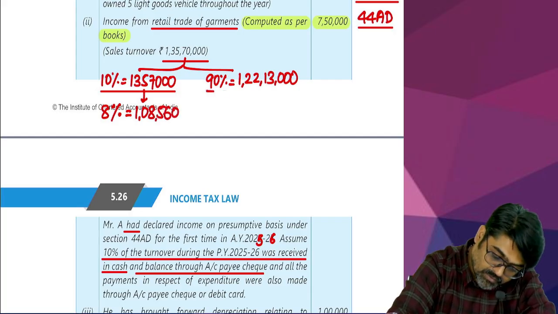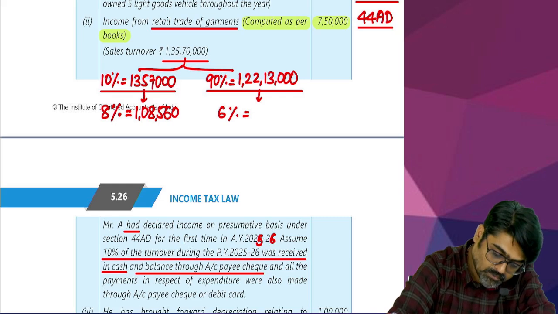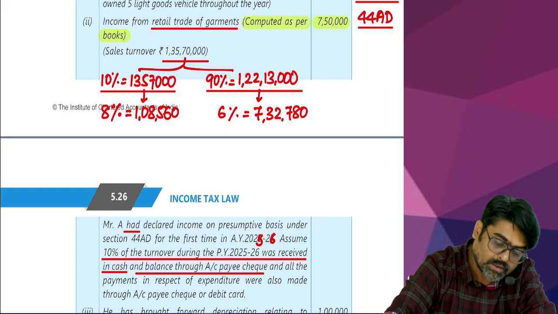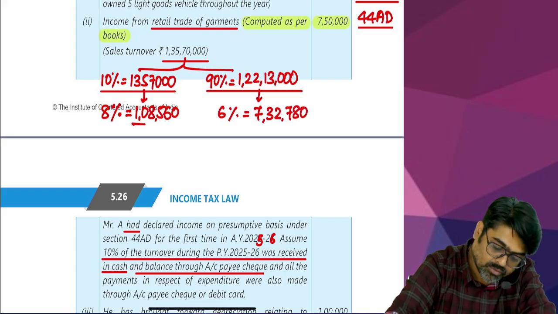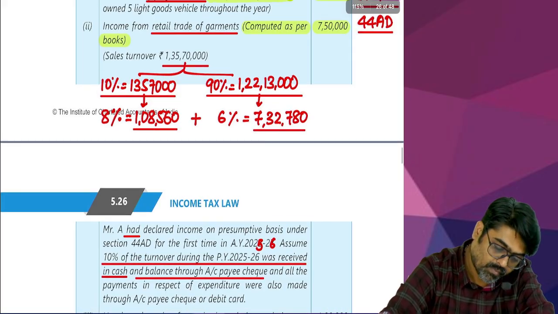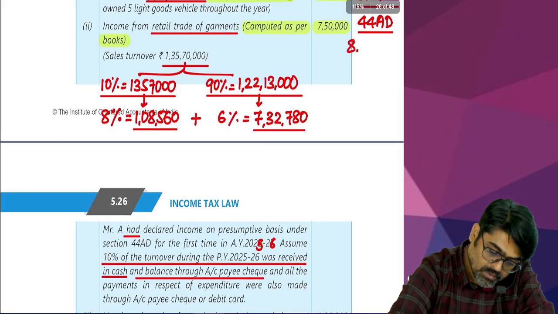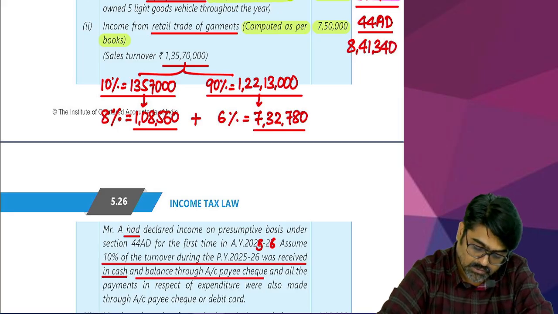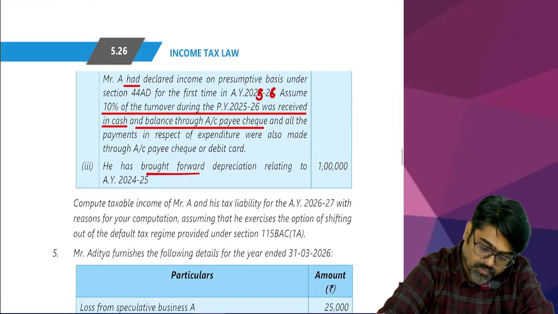And for the turnover which you have received by prescribed modes, you can show how much? 6%. 32,000. So if you show the income under 44 AD, you have to show this plus this. Total is 8,41,000. Understanding or not?